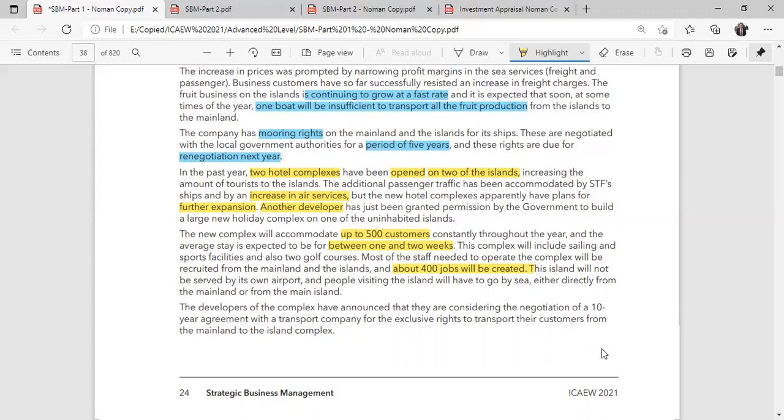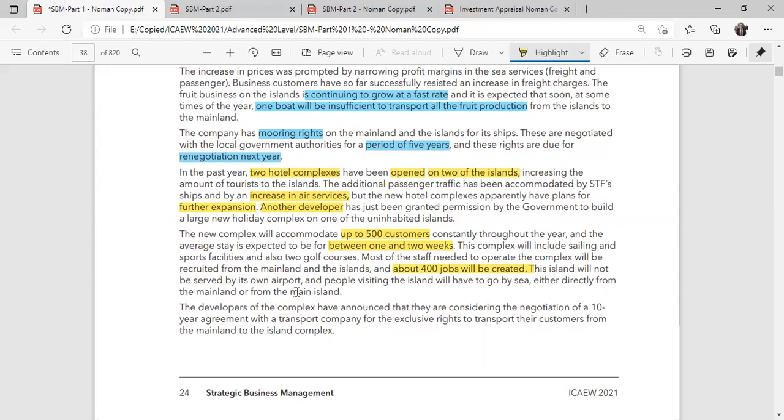So 400 jobs will be there. It means the employees will also be traveling through different mediums. But most of the time, employees will choose the option which is relatively less costly for them. So that is going to be the STF ship.